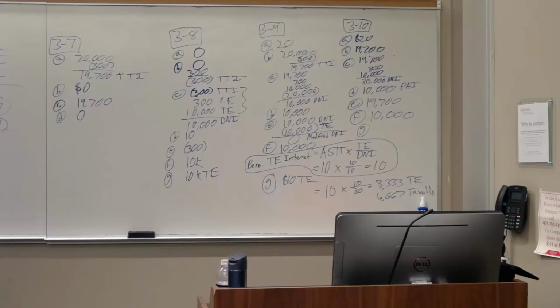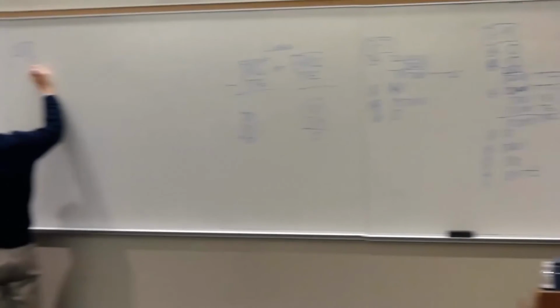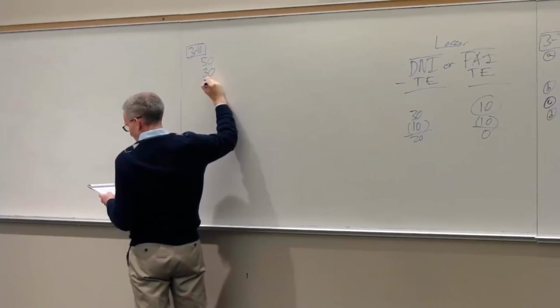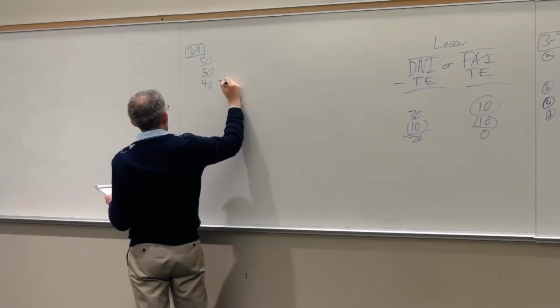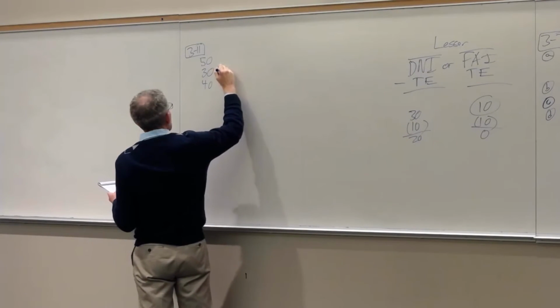And here, guys, in 3-11, it's 50,000 in dividends. It's 30,000 in interest. It's 40,000 of tax exempt interest.